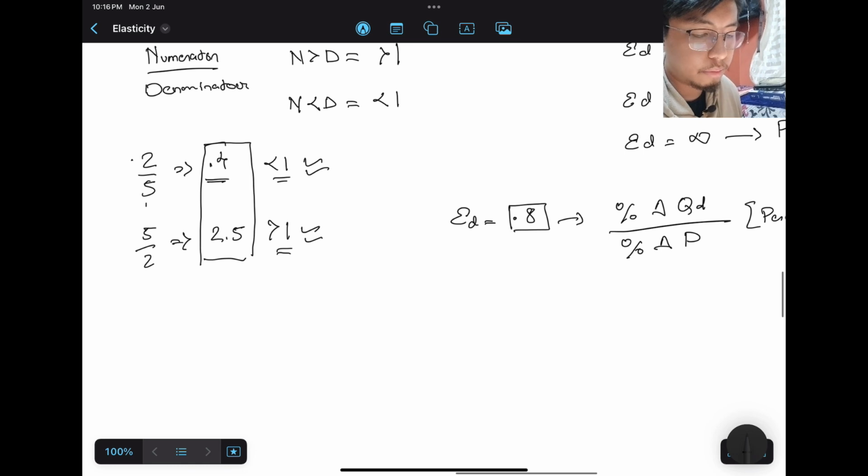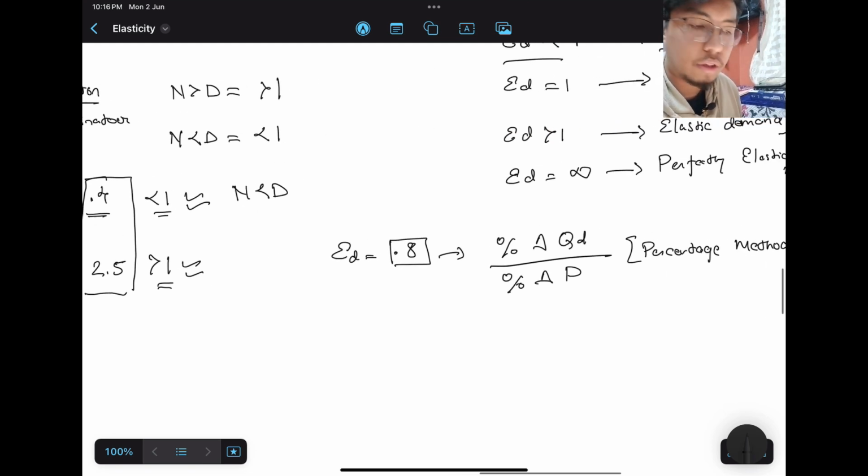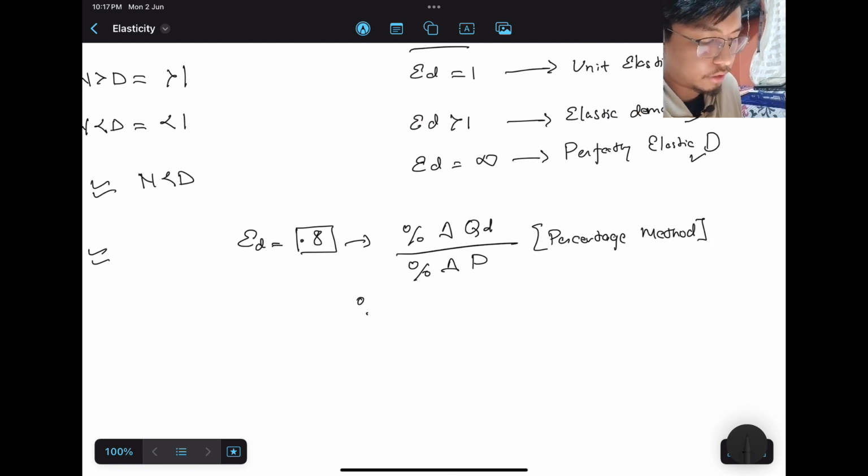So less than 1 meaning your numerator was smaller than your denominator. That means your percentage change in quantity demanded was less than your percentage change in prices. Okay, this is what it means basically.